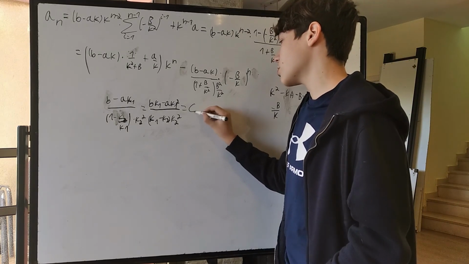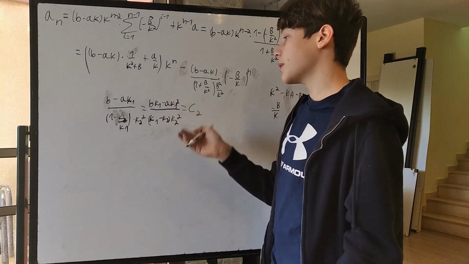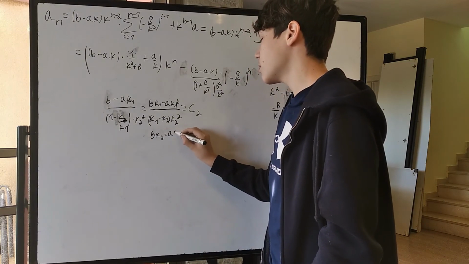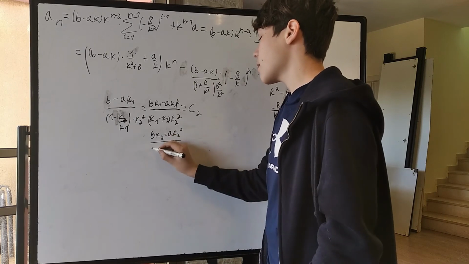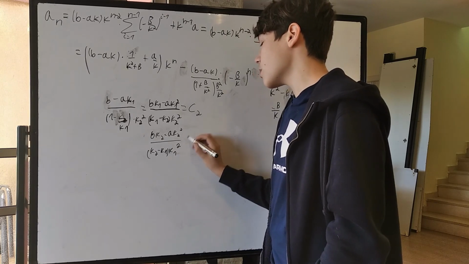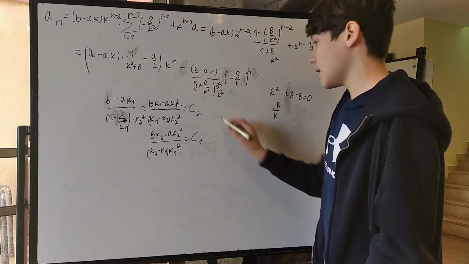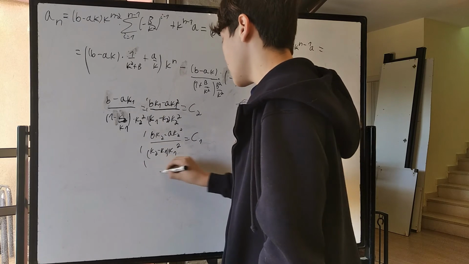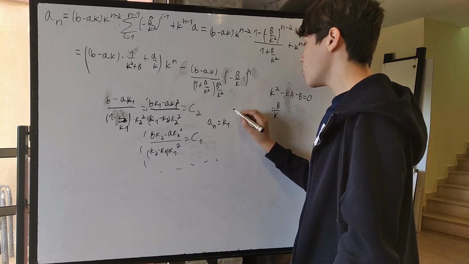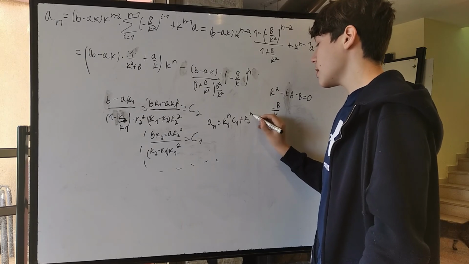I'll just write it as C2 for short. And C1 will just be when I replace k1 with k2 and k2 with k1. So bk2 minus ak2 squared over k2 minus k1, k1 squared is the first coefficient, which is this. And now I have these, and I know that a_n is k1 to the n C1 plus k2 to the n C2.